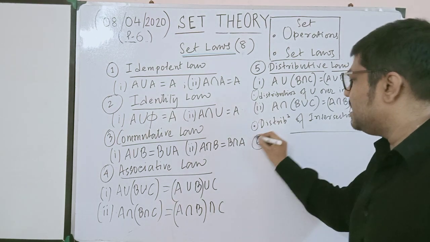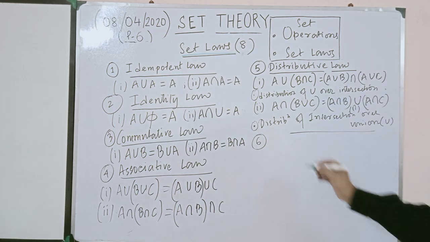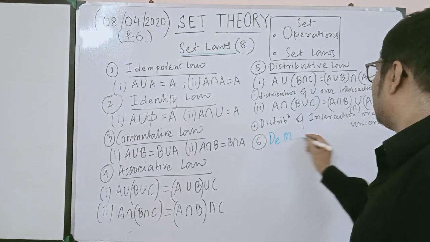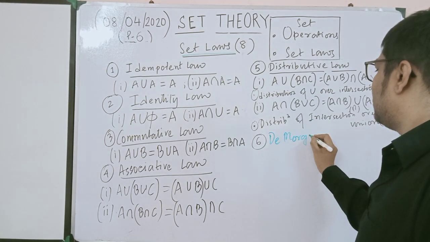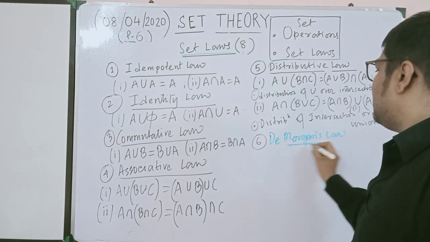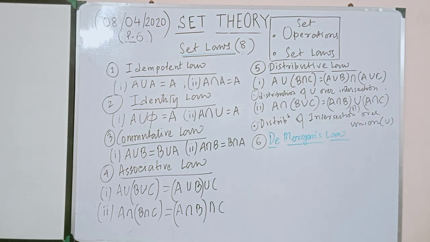Number 6 is most important. Number 6 is very important, and that is the De Morgan's law. This De Morgan's law you will need at many places, maybe in class 12 also in some related topics.